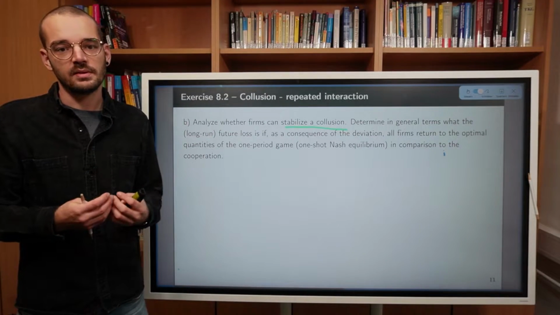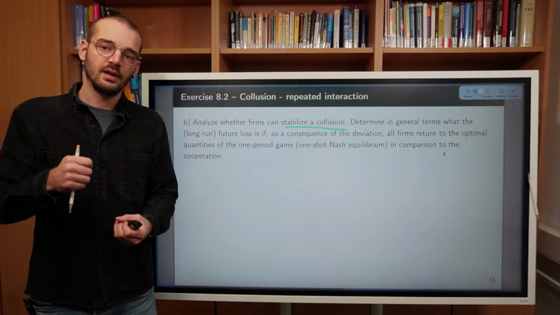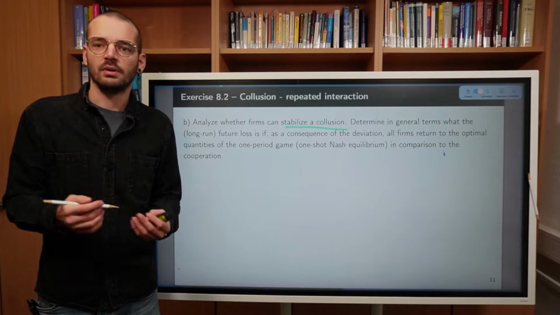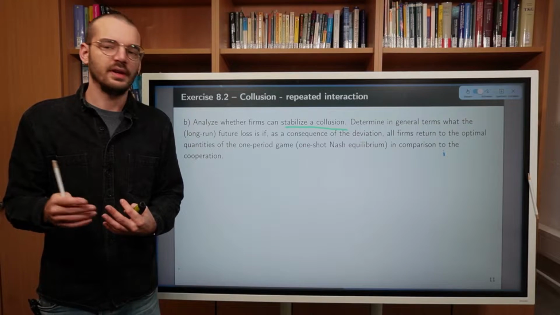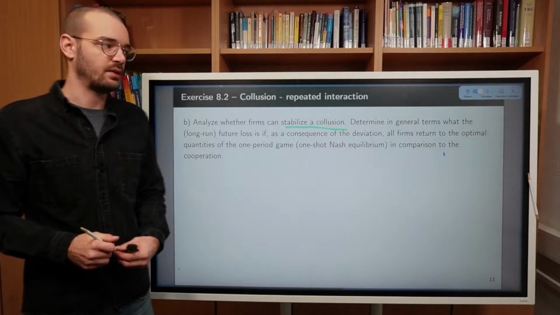So from period t plus 1 on, every firm will earn the profits which we called pi with an index IC for competition in general.